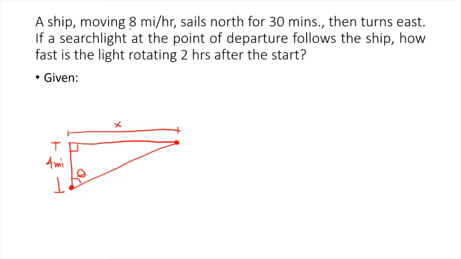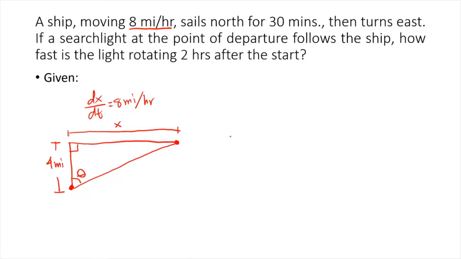Alright, we know that the ship is moving at a constant speed of 8 miles per hour. Therefore, this quantity here, x, is changing or increasing over time with the same rate as the speed of the ship, right? So that would be 8 miles per hour.